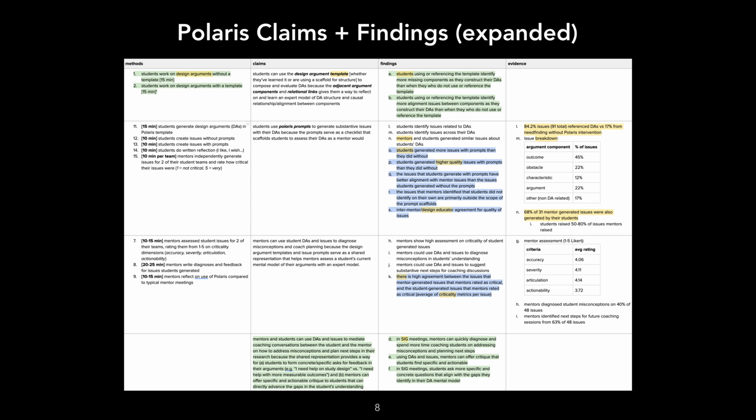Just for the sake of the process and what I worked on this quarter, in green were some of the analyses that we couldn't do with existing data, but are the types of claims and findings that we might want to make in this space and might require additional experimental setups.